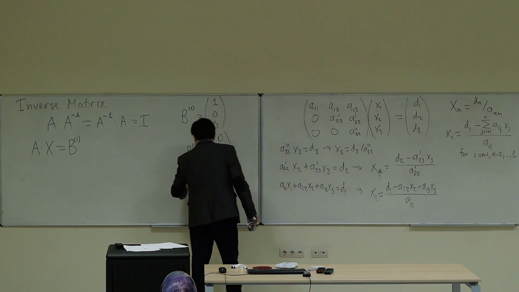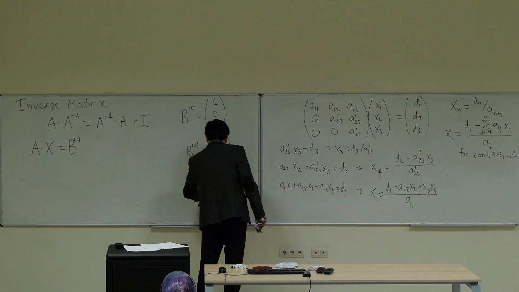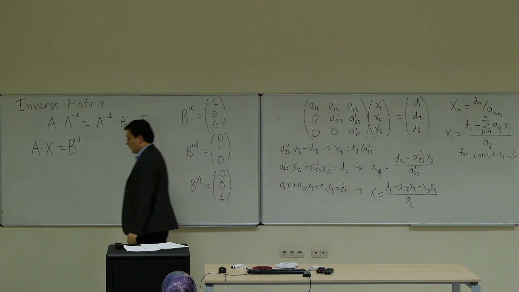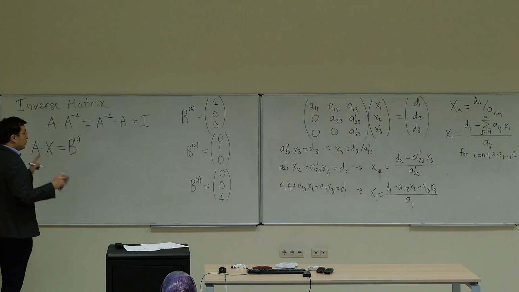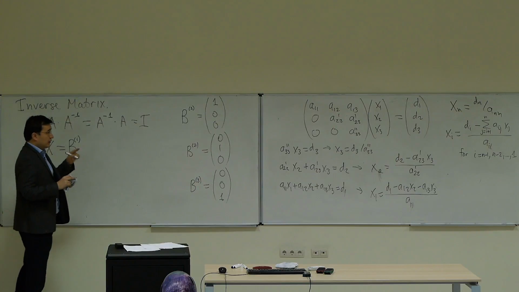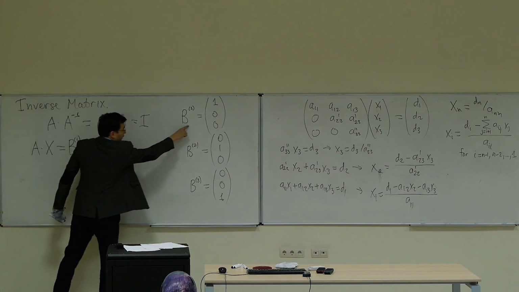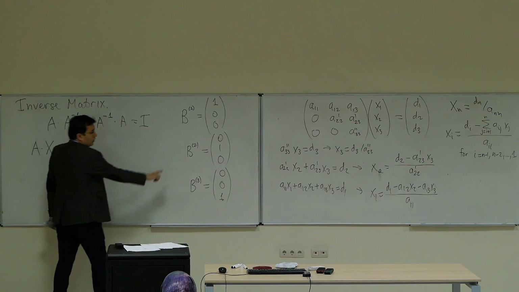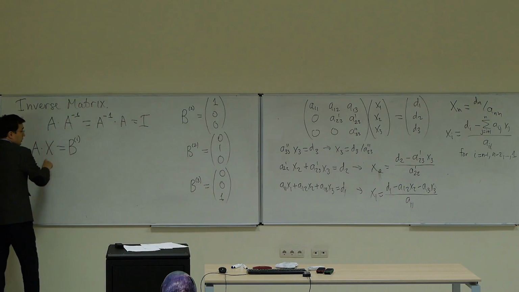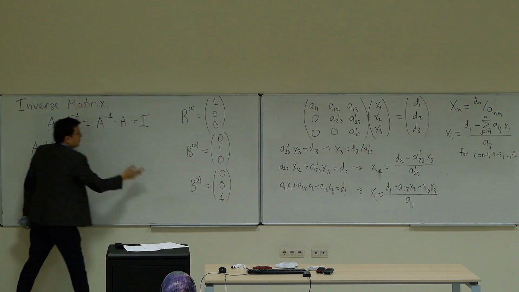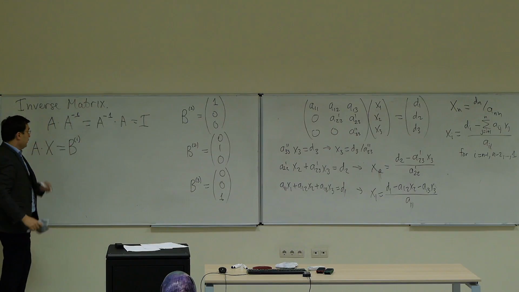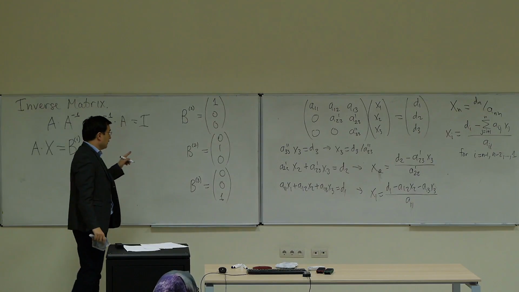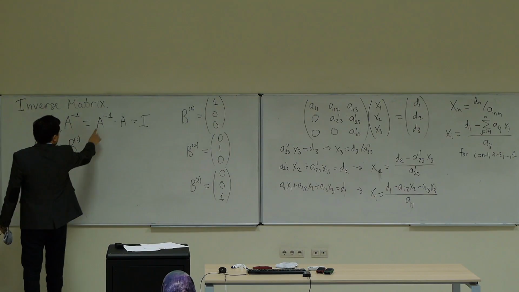And I solve it for the third B, 0, 0, 1. So I get three sets of values of x, right? I solve for this one and I get one set of x. I solve for this, I get another solution, and for that, another solution. Now tell me how those three solutions are related to the inverse matrix.